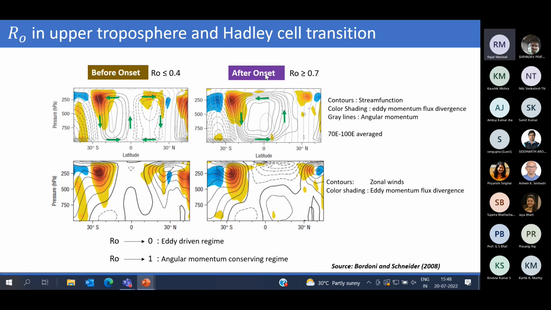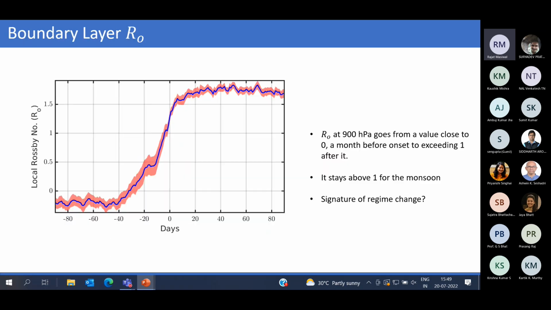Once the onset is reached, the local Rossby number in the upper troposphere comes close to 1, and you have a single Hadley cell where angular momentum is conserved in the upper troposphere. But the study does not talk about the Rossby number in the lower troposphere, which interestingly we find has an even clearer rapid increase from 0 to 1 before and after the onset.